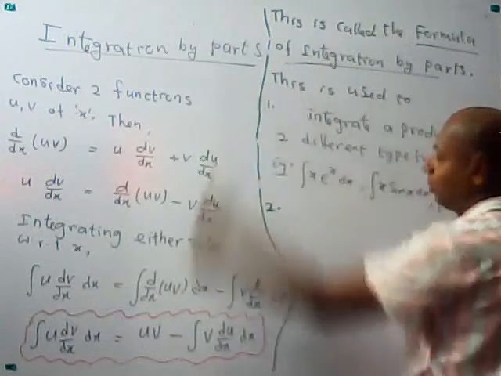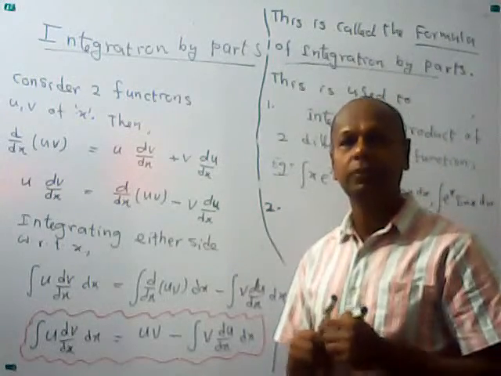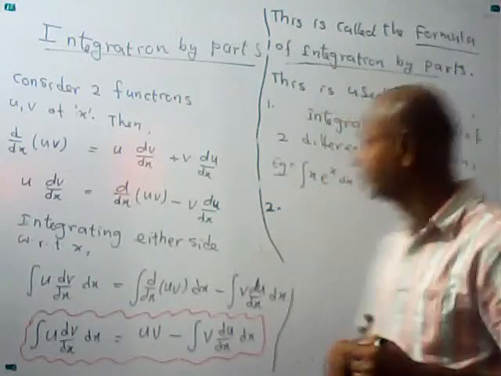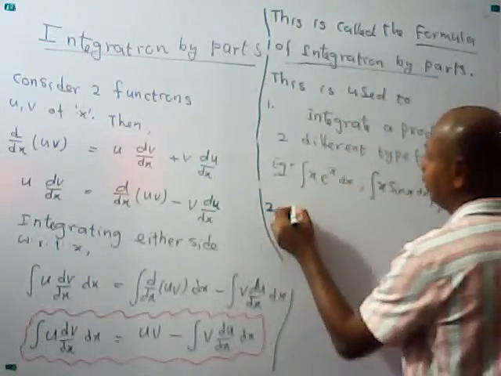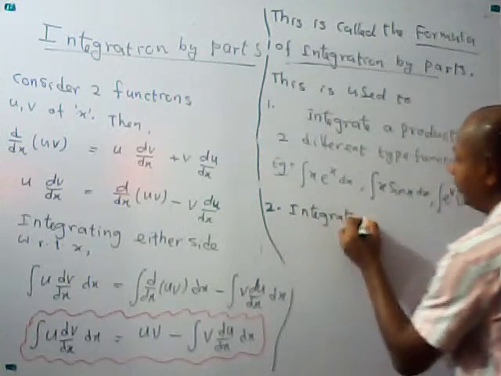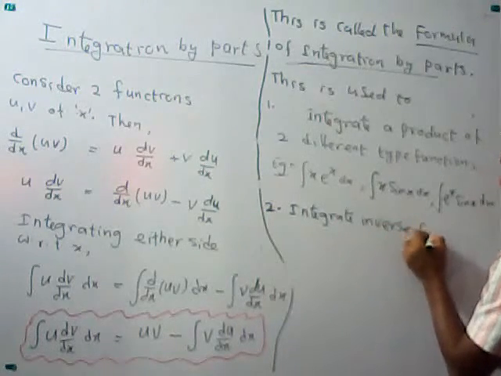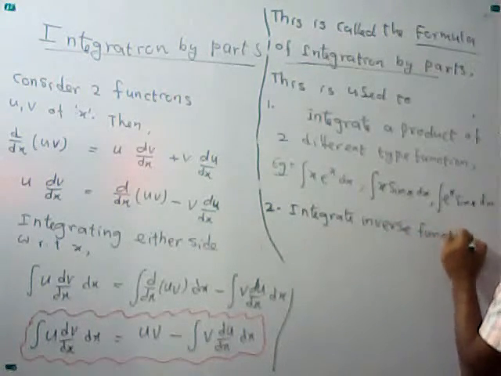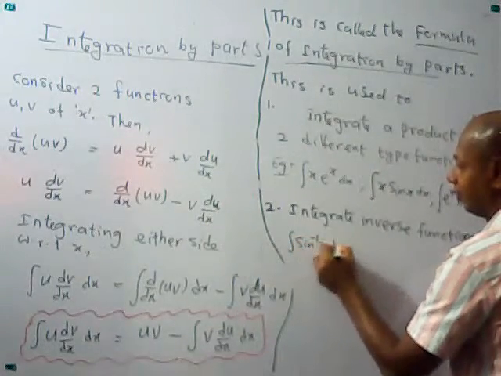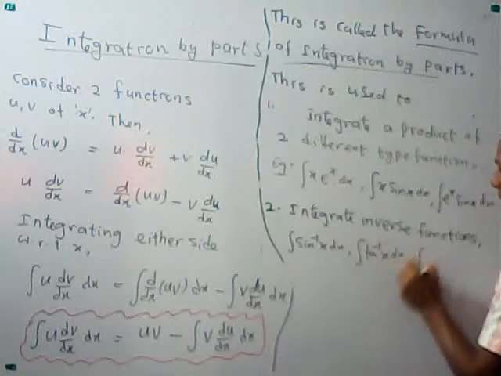Number two, you use this formula, integration by parts, to integrate inverse functions also. Sine inverse, cos inverse, tan inverse, ln, those inverse functions. To integrate inverse functions. So it looks like integral of sine inverse x, integral of tan inverse x, integral of ln x.